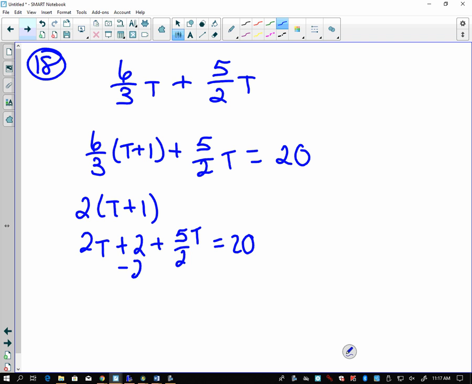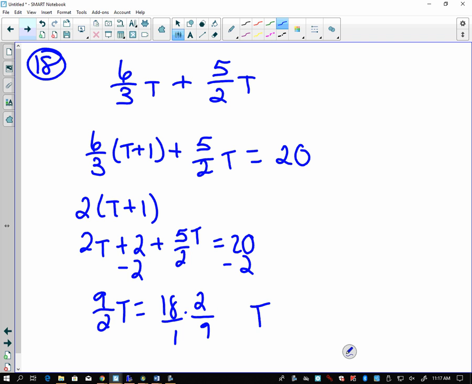We could even go ahead and subtract 2. I've got 2t plus 5 halves t. That's the same as 4 over 2 plus 5 over 2, which is 9 over 2 t, equals 18. I can't divide by 9 halves, but I can multiply by 2 ninths.